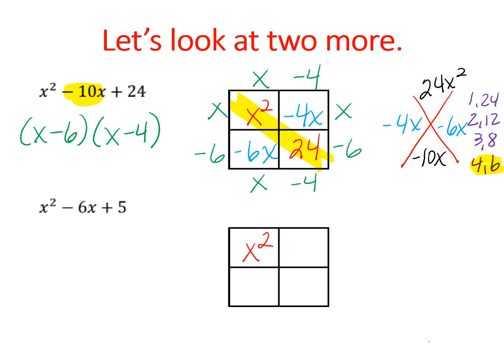Got our x squared, our 5, make our x. What multiplies to give me 5x squared? And then we want to see what adds up, so again, this is another one we have to be careful. We want a negative 6x.